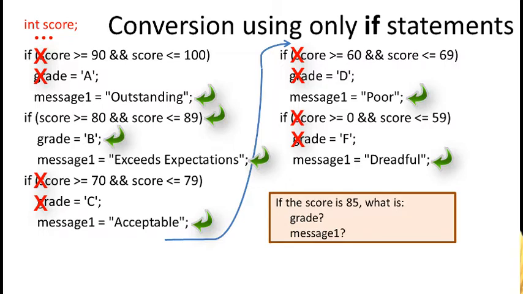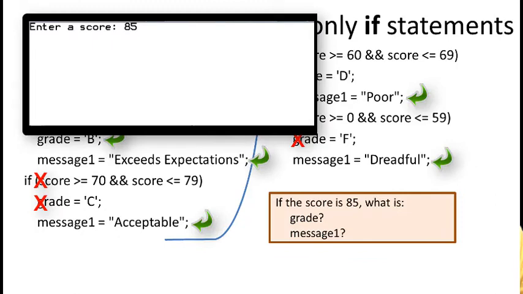So I'm not going to set grade equal to F. But this last one where it says message 1 equal dreadful, that is not hooked up to the if statement. So it's going to eventually set message 1 all the way through, and the last thing it does is set message 1 equal dreadful, and even though I have a score of 85, it's going to say dreadful.